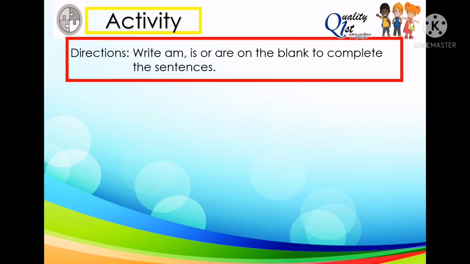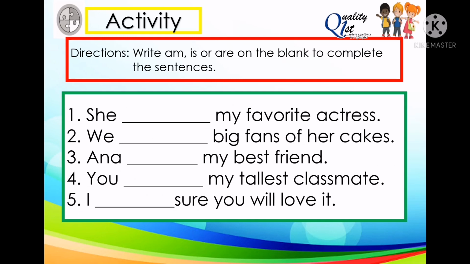For the next activity, directions. Write am, is, or are on the blank to complete the sentences. Okay? For number 1, she blank my favorite actress. Now, the appropriate be verb is, very good, is. For number 2, we blank big fans of her cakes. The be verb that's going to be used is are.